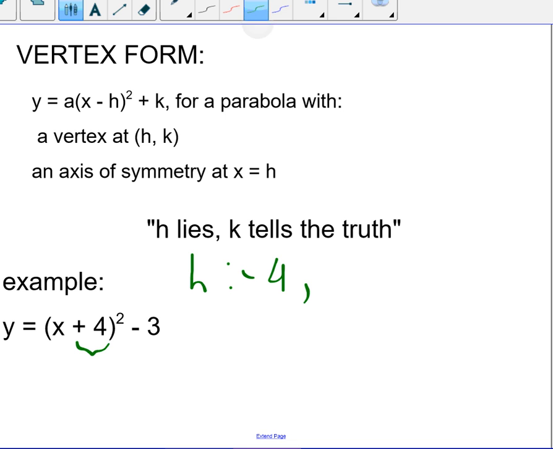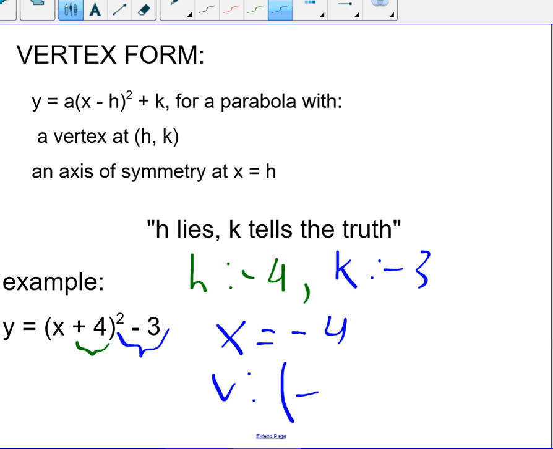And then our K value is going to be this number outside of the parentheses given to us exactly as it is. K tells the truth. So our K value is negative 3. And that means that we have an axis of symmetry of x equals negative 4. And we have a vertex of negative 4, negative 3.